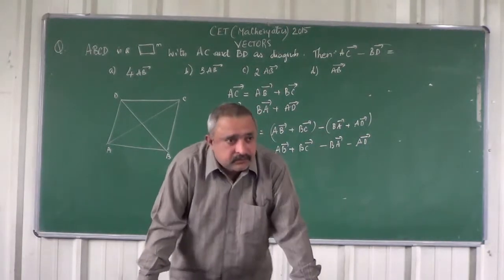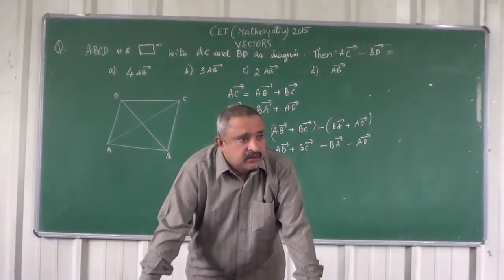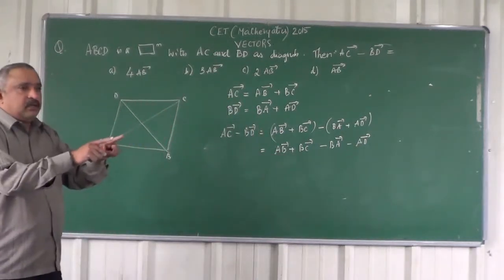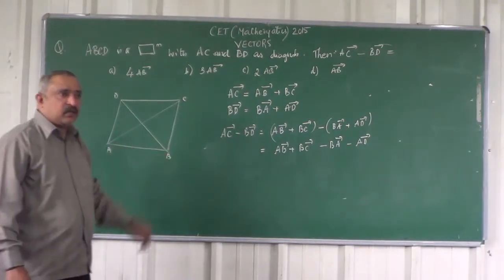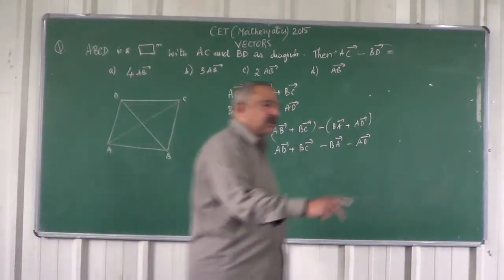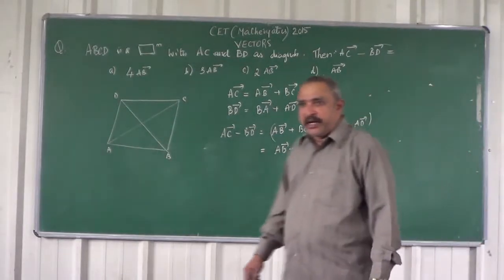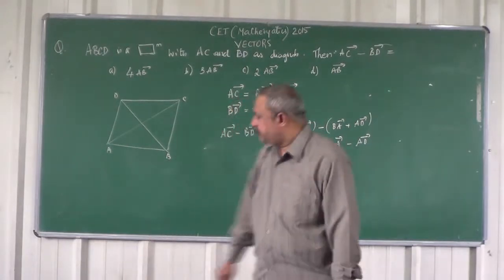So what about BC and AD? They are parallel and equal. You observe they are equal in magnitude and opposite in direction, so they get cancelled out. Two vectors cancel and the other two vectors get added up. You complete that answer.